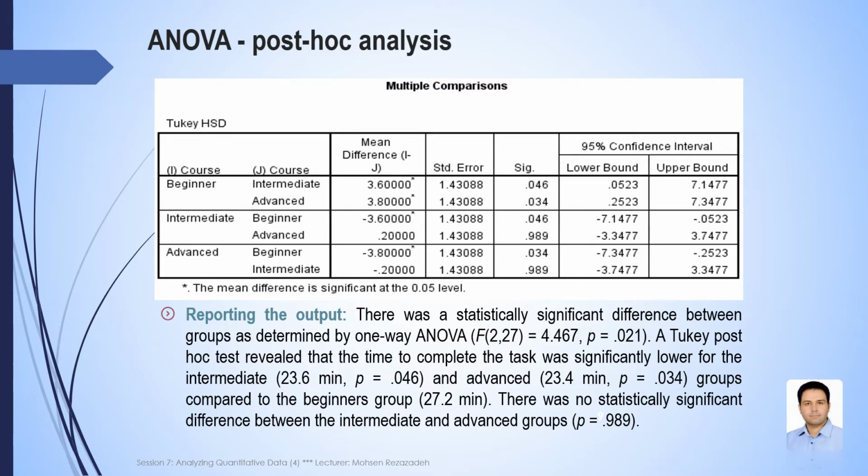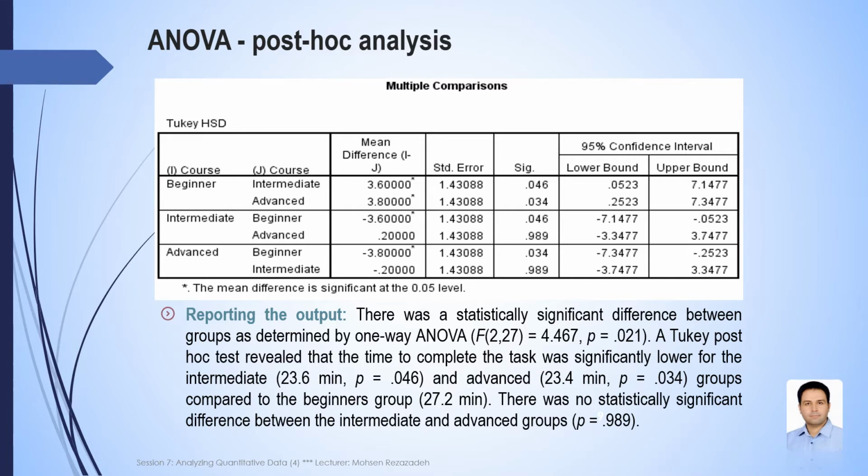If you want to report the results of this table, we should report it like this. You can just read this output written below this table. There was a statistically significant difference between groups as determined by one-way ANOVA, and you give this info in parentheses.